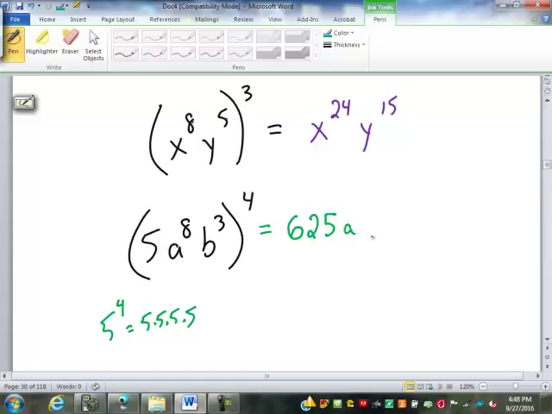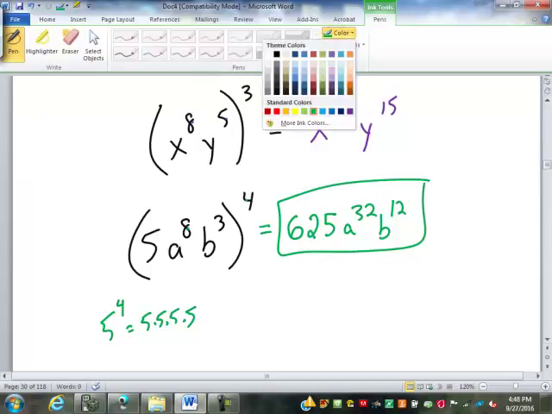What happens with the A? Careful. 32, there you go. 8 times 4 makes 32. So A to the 32, B to the 12. 3 times 4 makes 12. So 625, A to the 32, B to the 12.